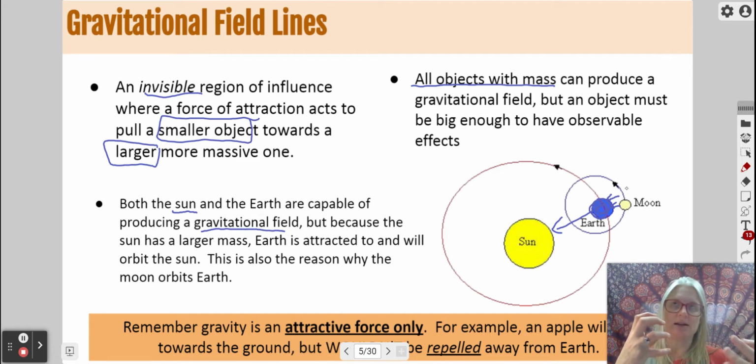So there is a relationship between the mass size for gravitational fields, but also distance. Closer objects are going to have stronger gravitational fields. Remember that gravity is an attractive force only, so it's never going to push or repel an object away, only pull an object towards the other object.